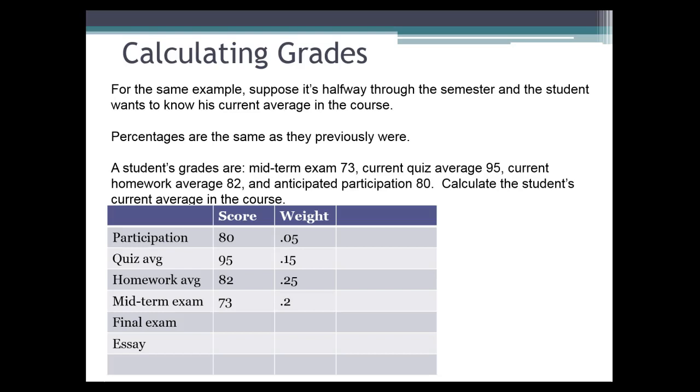Well, we're going to do exactly the same thing we did before, which is take the sum of the x times w's, so that's 53.35, and divide by the sum of the weights. It's just that here the total weights don't add up to 100% yet. So it's just out of 0.65. So this student's current average is 82.08.